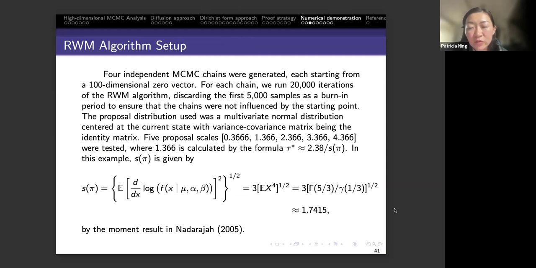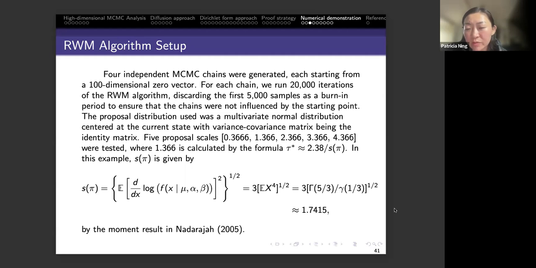For each chain, we run 20,000 iterations of the RWM, discarding the first 5,000 samples as the burn-in period to ensure that the chain was not influenced by the starting point. The proposal distribution used was a multivariate normal distribution centered at the current state with the variance-covariance matrix being the identity matrix.